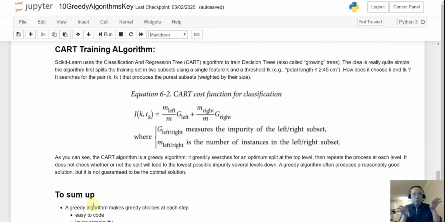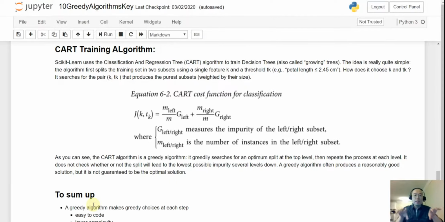And then how bad are they when they want to split further? We don't know. We only guarantee that the current split is a good split. For the further splits, we don't know.